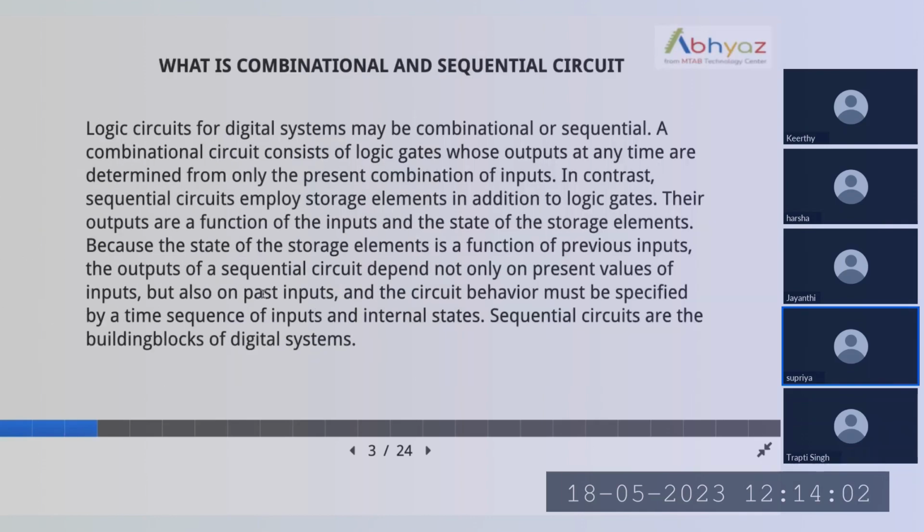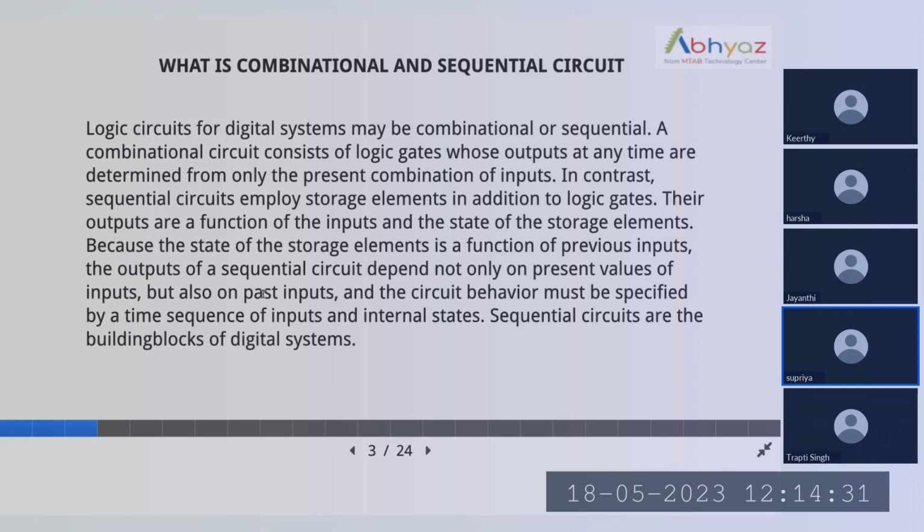A combinational circuit means that from the logic gates in digital systems we create logic circuits, and the combination of logic gates gives us the combinational circuit. A sequential circuit is the combination of the combinational circuit with storage elements, and those storage elements are the flip-flops.